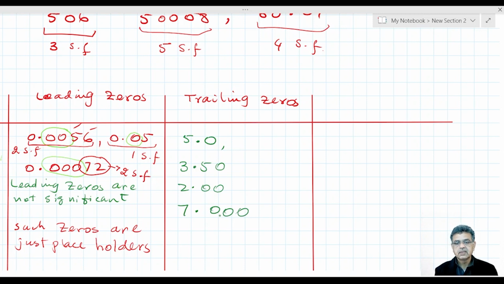If we write this way, then all these are trailing zeros. This is one trailing zero, two trailing zeros, and three trailing zeros.